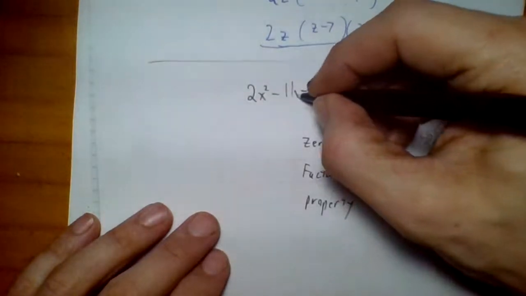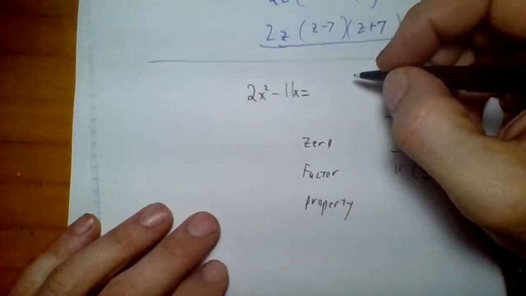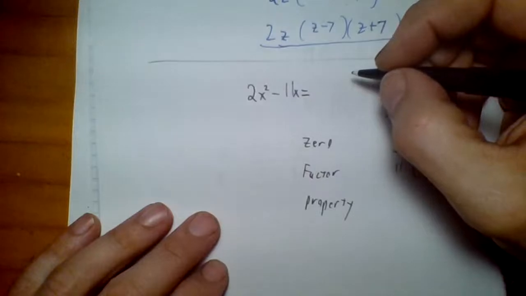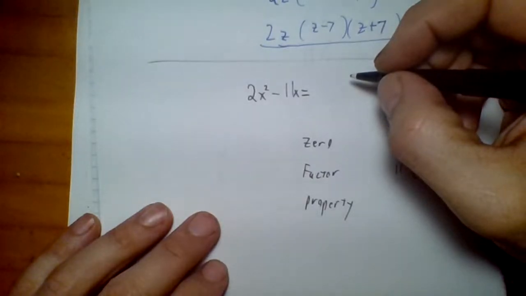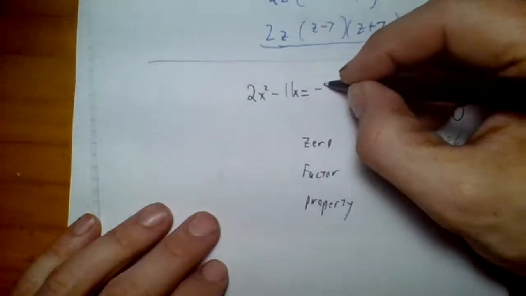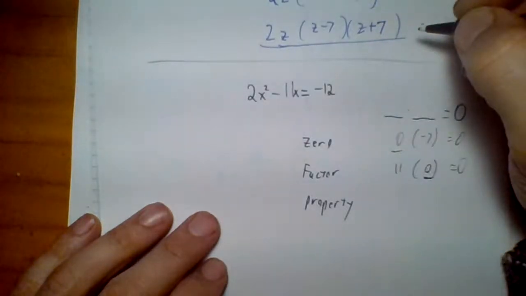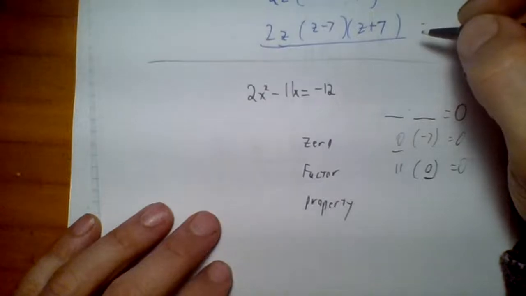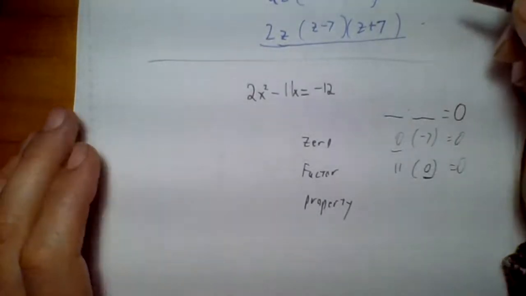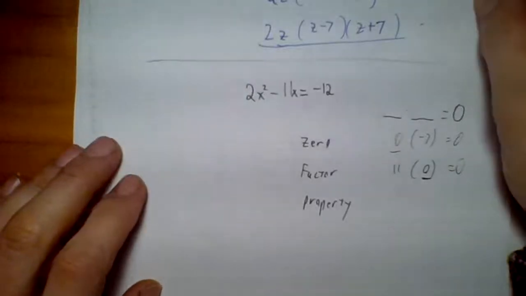Let me do it this way instead. 2x squared minus 11x equals -12. That's my equation. Sort of a dramatic pause there while I think of a problem that's going to come out. Right. 2x squared minus 11x equals -12.